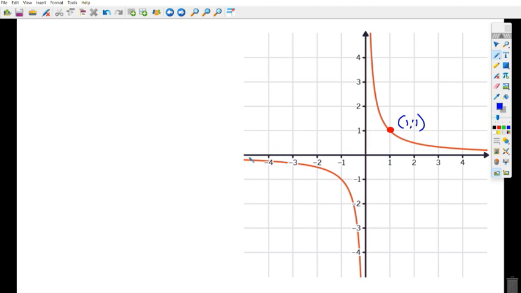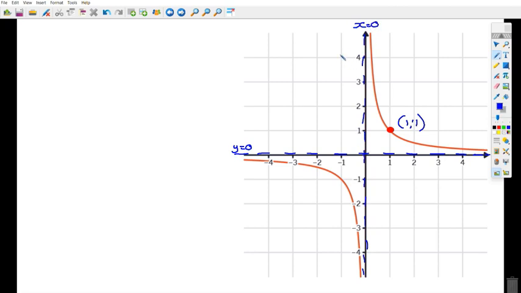I know I'm going to have an asymptote over here, and that's where the graph is never going to touch. I can put the equation in there, y equals 0. Now I don't only have a horizontal one, I also have a vertical asymptote, and in grade 10 it's always going to be x equals 0.